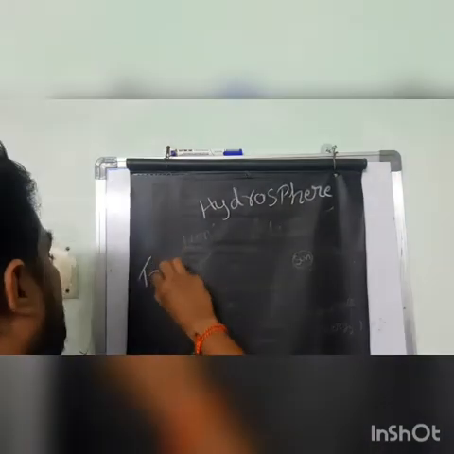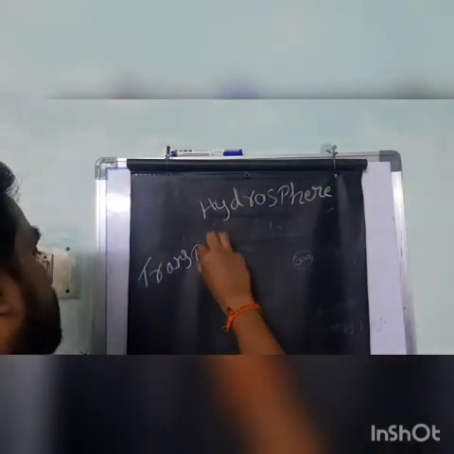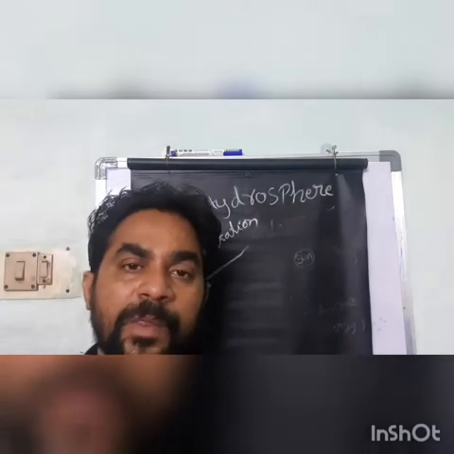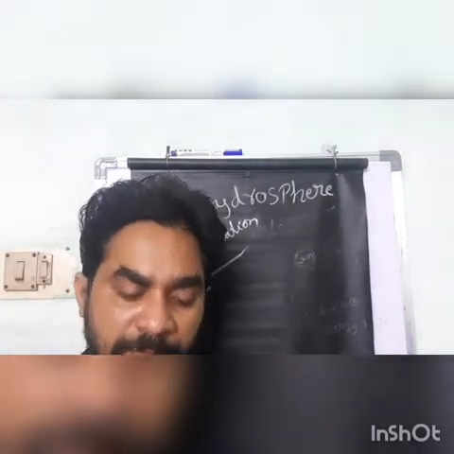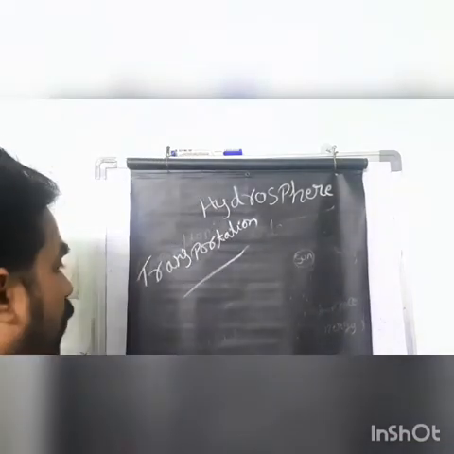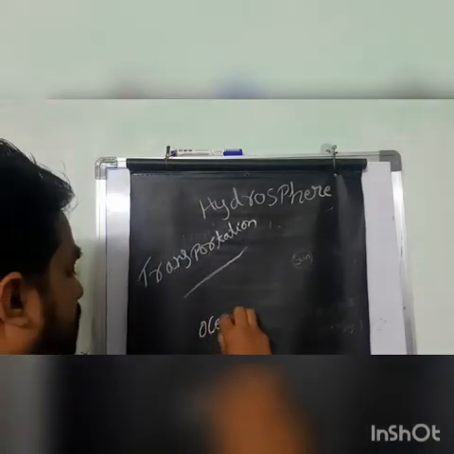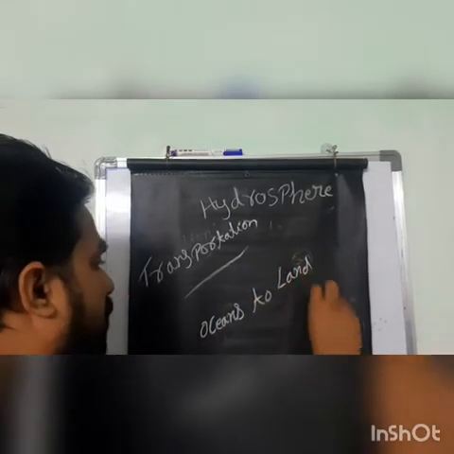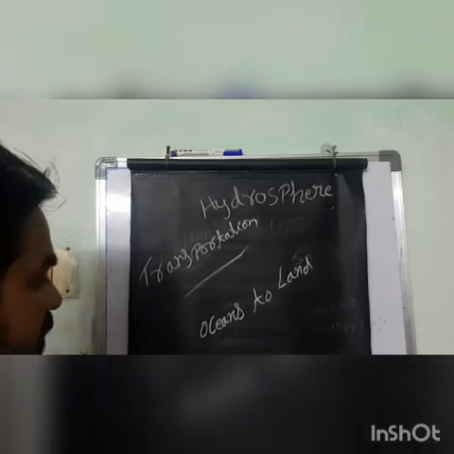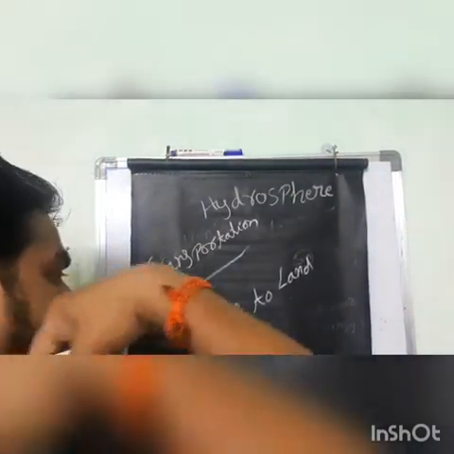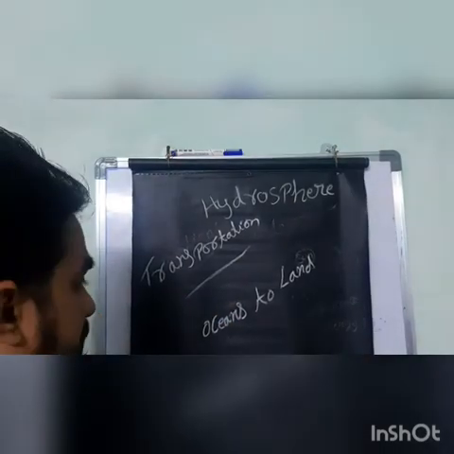Next one is transportation, which means the movement of water through the atmosphere, especially from the oceans to land. See that before, water converted into vapor and joined the atmosphere.